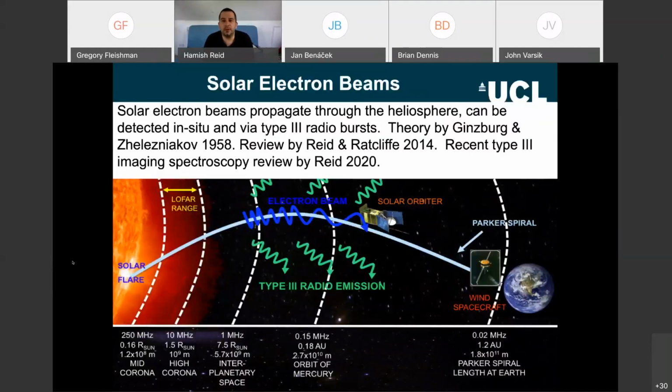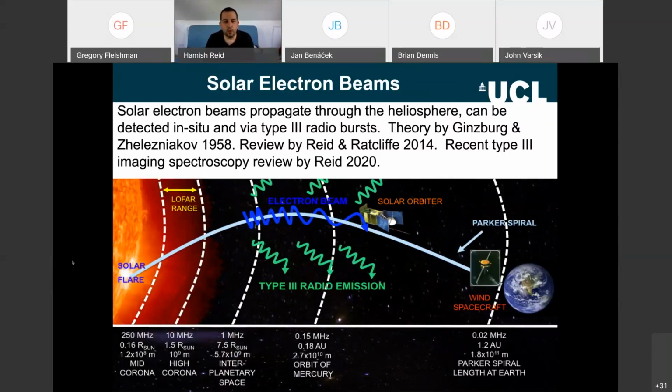The theory was generated a long time ago, back in the 50s. And there's been a couple of recent reviews, including one that I wrote last year on some of the recent imaging spectroscopy that's been done using the new age imaging spectroscopy, like from the VLA and LOFAR and MWA and so on.